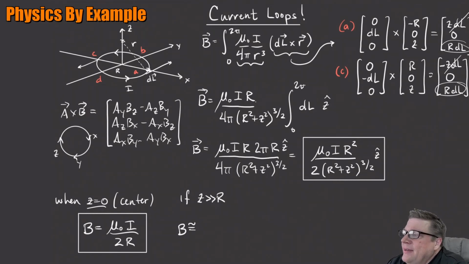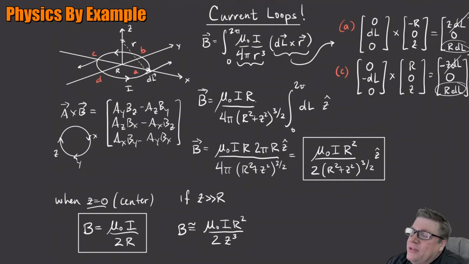If we do that, the Z term is going to dominate. So that's going to be mu naught I r squared over 2Z, mu naught I r squared over 2 Z cubed. So that's kind of cool.